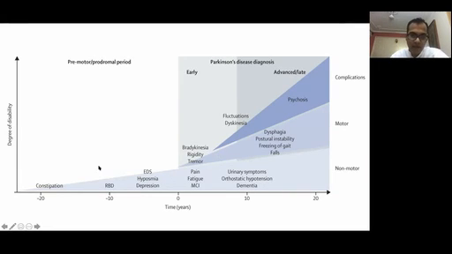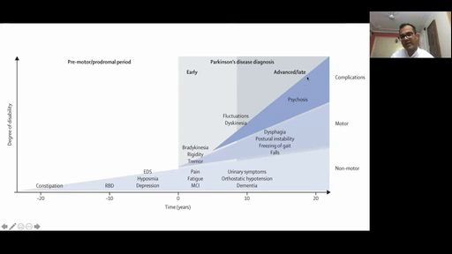But if you ask for a history previously, they may give a history of constipation, REM sleep behavior disorder. They may have early daytime somnolence, hyposmia, and depression. As time progresses, you can see that motor manifestations still are problematic, but the psychosis, cognitive problems, bladder symptoms, dementia, orthostatic hypotension, those also become really disabling.